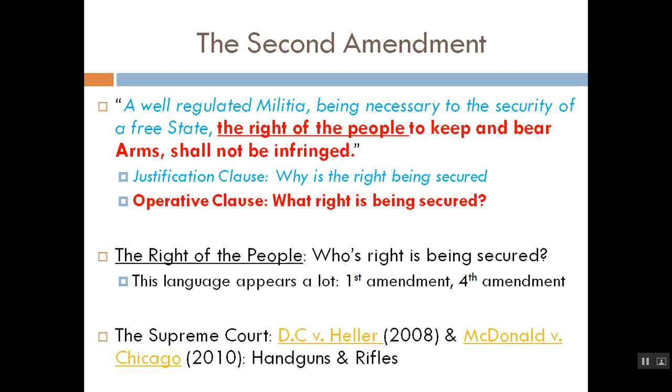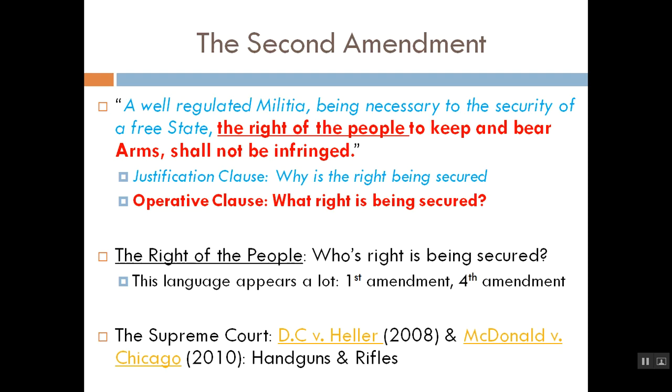Individuals in Washington, D.C. could still own a shotgun or a rifle, but they had to keep it disassembled, unloaded, clasped in a trigger lock, and securely stored. And there were no exceptions allowing them to remove the trigger lock or to take this firearm out in the case of, say, a home invasion. So these were some pretty radical limitations on the ability of an individual to keep and bear arms.